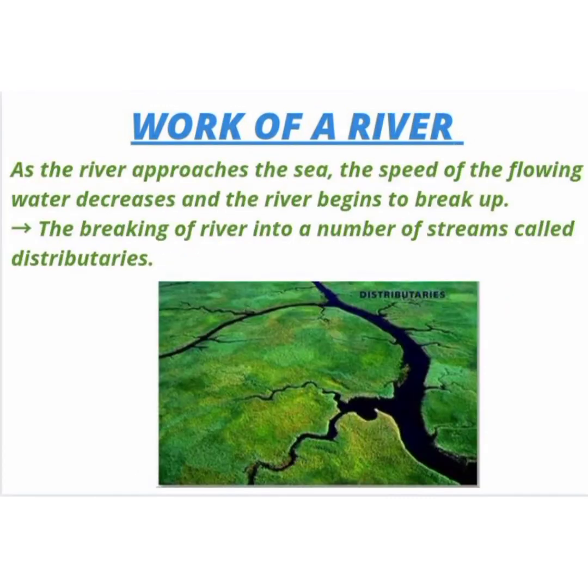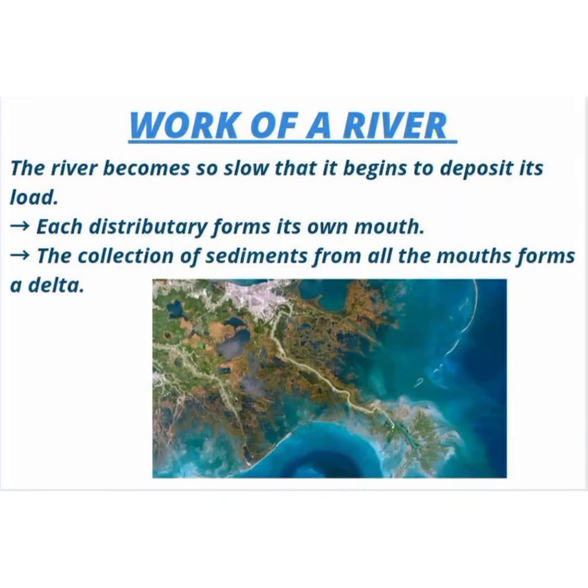As the river approaches the sea, the speed of flowing water decreases and the river begins to break up. The breaking of the river into a number of streams is called distributaries. The river becomes so slow that it begins to deposit its load. Each distributary forms its own mouth, and the collection of sediment from all the mouths forms a delta.